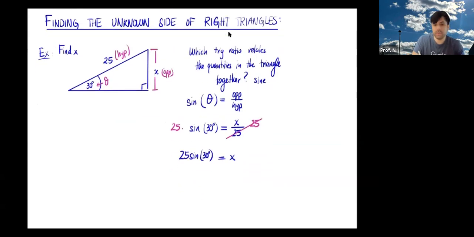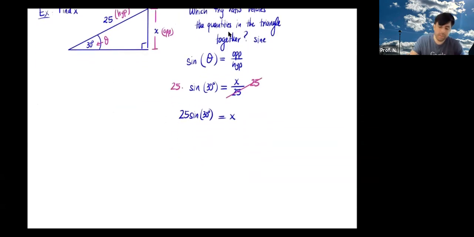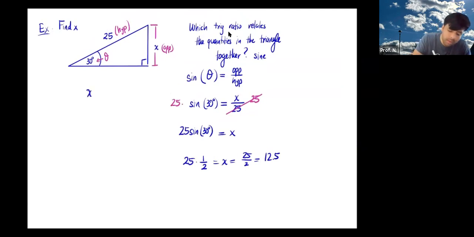That is what x equals. And because 30 degrees is a reference angle that I know, 25 is going to be multiplied by a half. Or in other words, it's going to equal 25 over 2, which equals 12.5. So I know for a fact that x, the missing side, is 12.5.